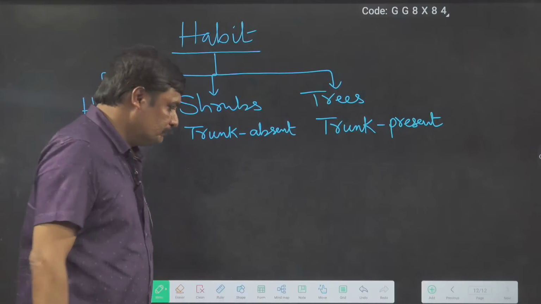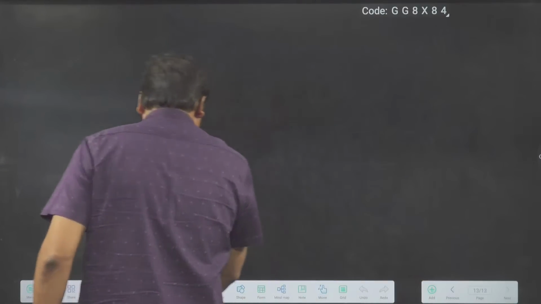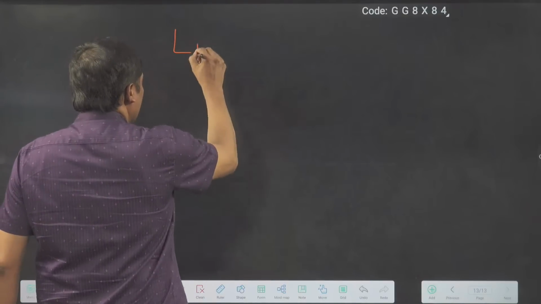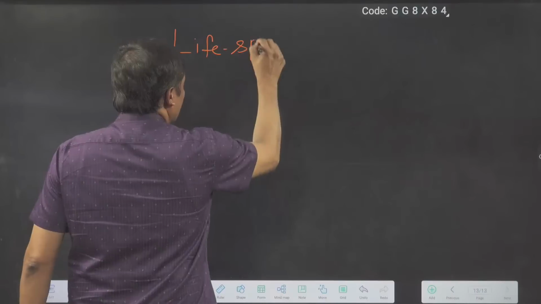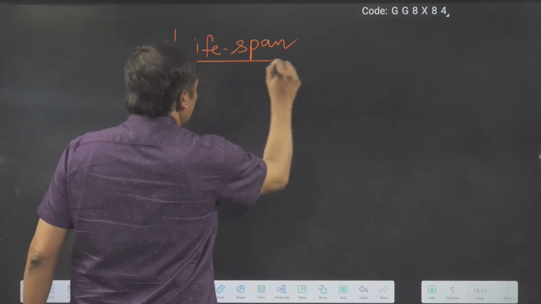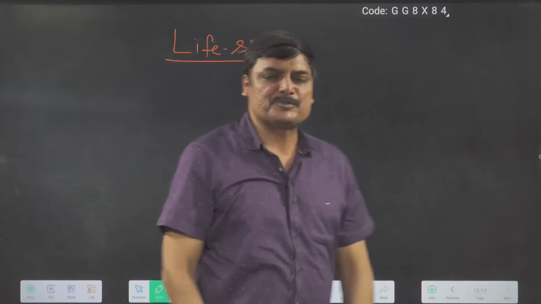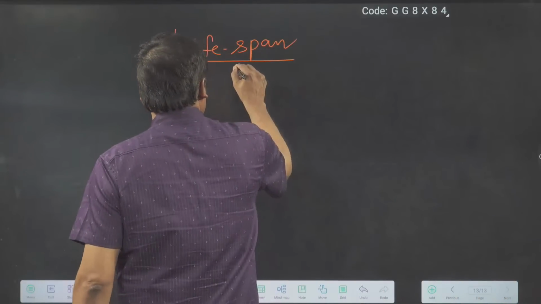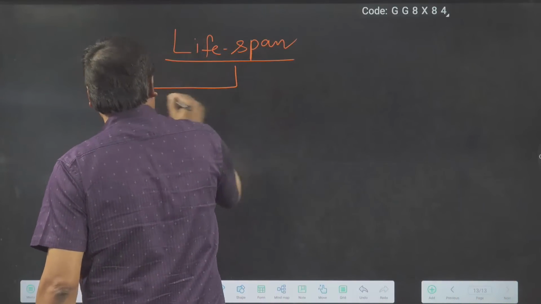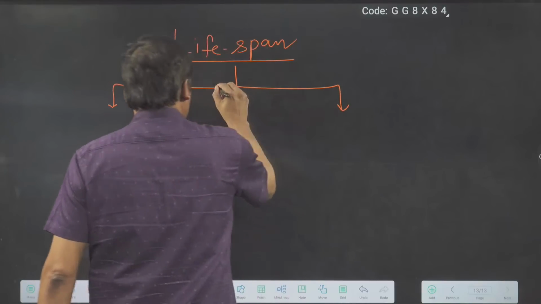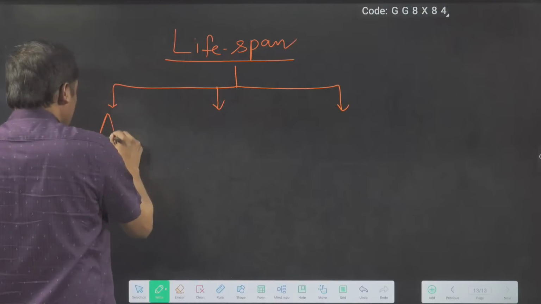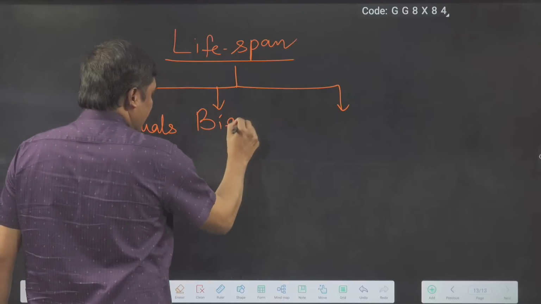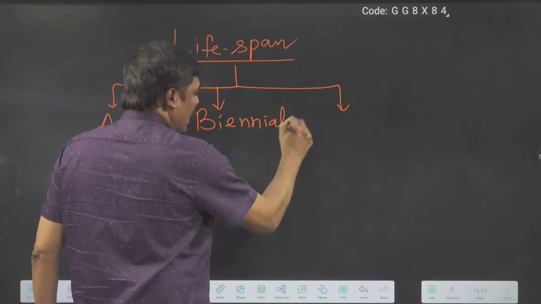And similarly, they show variation in lifespan also. Based on the lifespan, the angiosperms are classified into three types, namely annuals, biennials, and perennials.